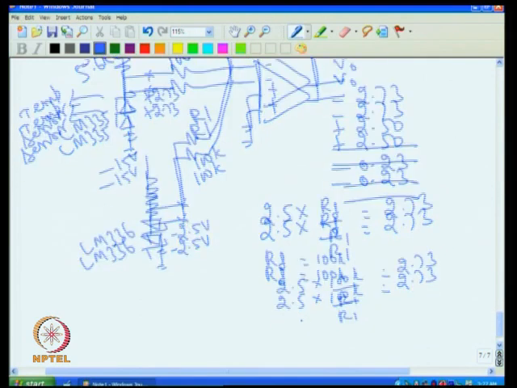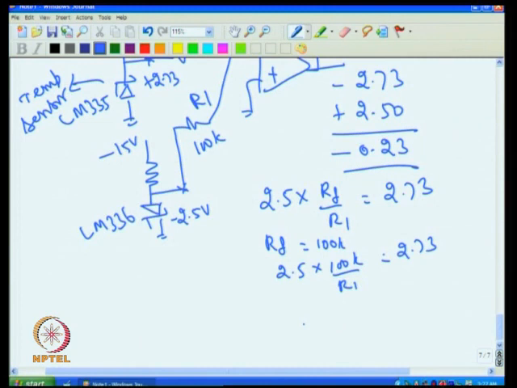So R1 is 2.5 times 100K divided by 2.73. You will find that R1 will be a little less than 100K, because the gain is a little more than 1, maybe 82K. Calculate and see.